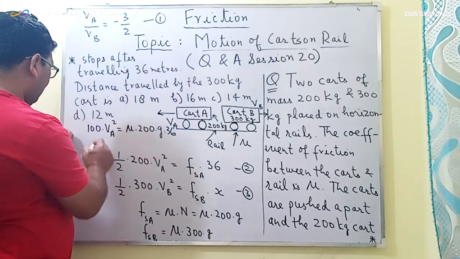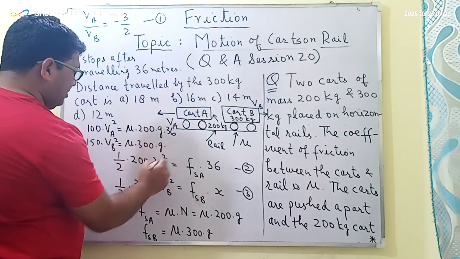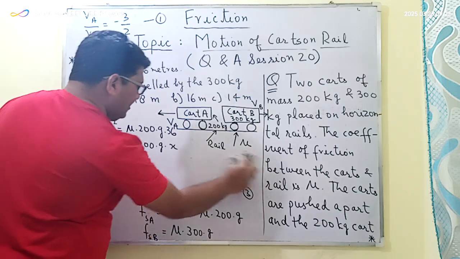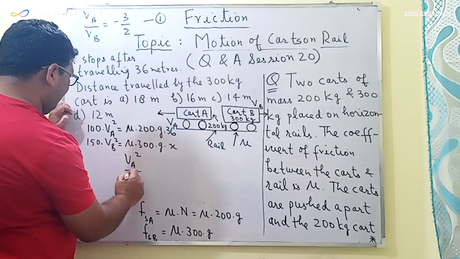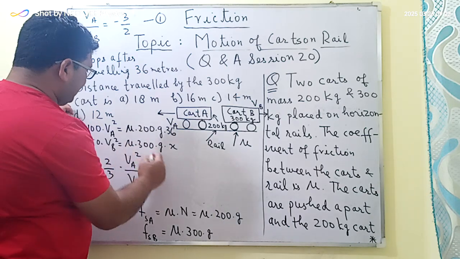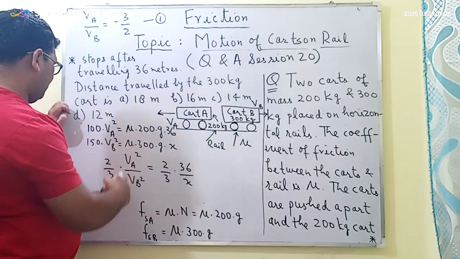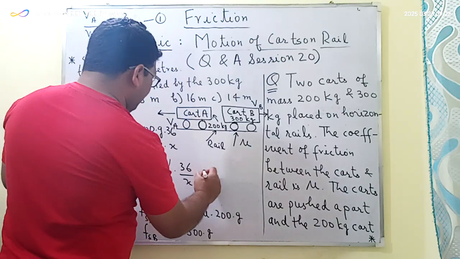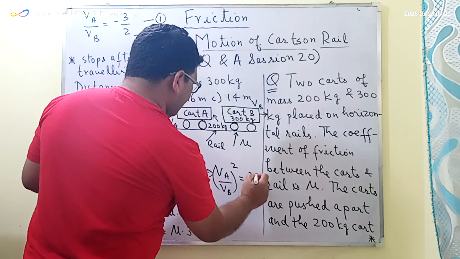From equation 3, I get 150 VB square equal to mu into 300 into g into X. If I divide these two equations, I get VA square upon VB square equal to 2 by 3, with mu and mu cancelling out, into 36 by X. The 2 by 3 and 2 by 3 cancel out, so VA upon VB whole square is equal to 36 by X.